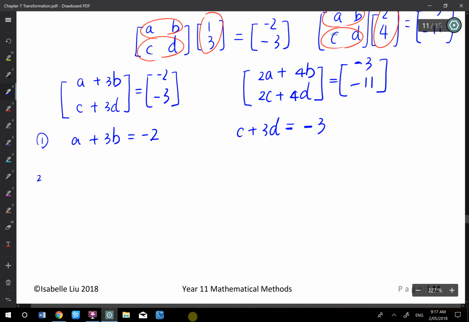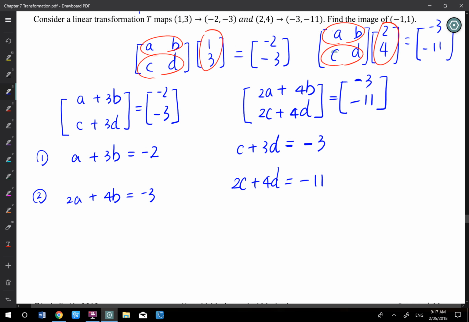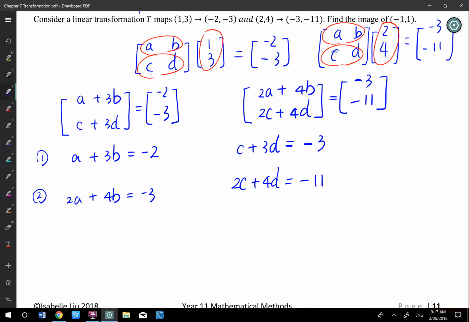And from the second, we have 2A plus 4B equals -3, and 2C plus 4D equals -11. Very obvious what you can do now is simultaneous equations. Solving two simultaneous equations gives you the A, B, C, D values.